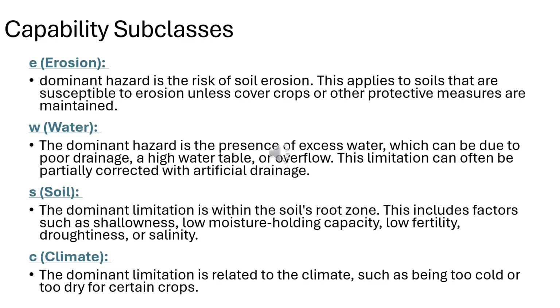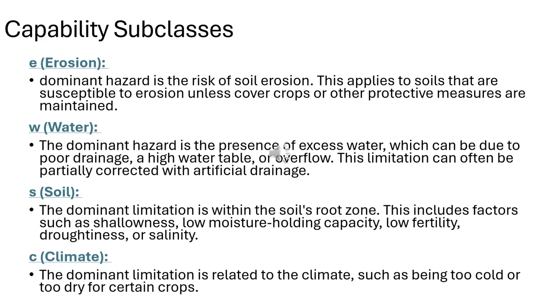They are lowercase letters that follow the Roman numerals of the capability classes. And there are 4 main ones. And luckily the letters kind of go along with what they are. First one, you have erosion, E, water, W, S, soil as in the soil's root zone, and C for climate.